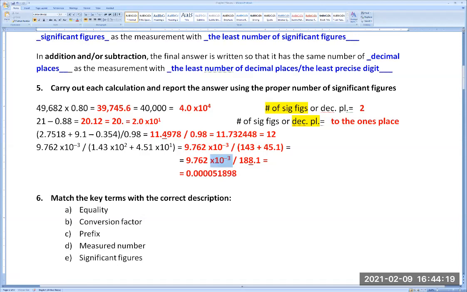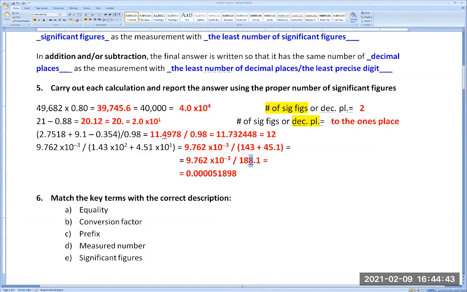Yes, because this is a small number, and we are dividing, so we are making it even smaller. So 4 zeros there, yes. So that's the calculator answer. Because we are dividing here, we need to pay attention to significant figures.